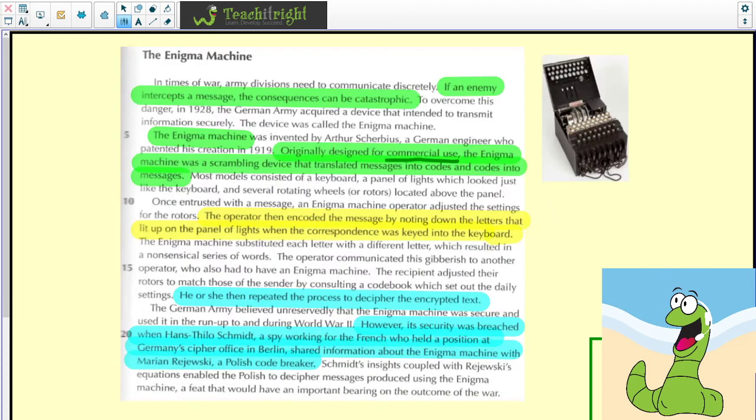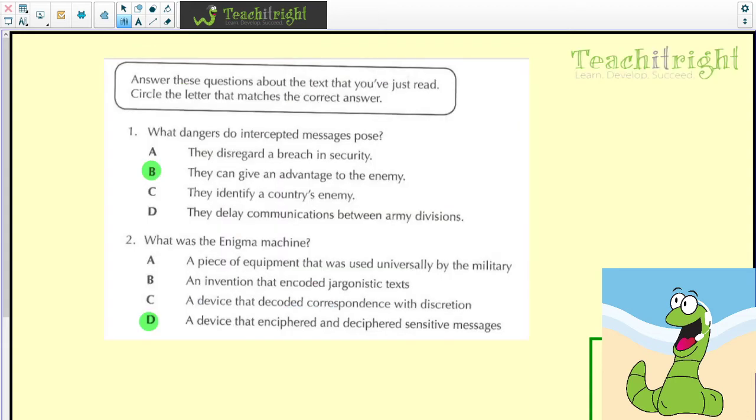So we've got the text all highlighted where all the answers come from, but we're just going to have a little look at those answers now. I'm just going to highlight that again in green, let's get the green pen, just so we can pick out some of that evidence and have a look where those answers have come from. So let's go down and have a look at the questions. Question 1.